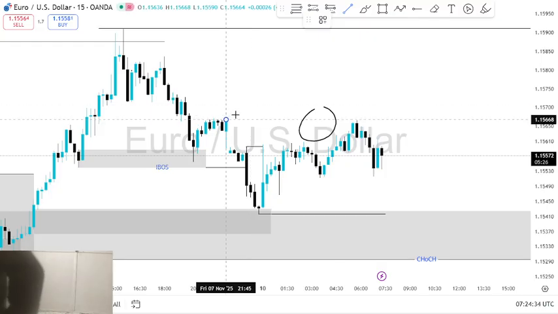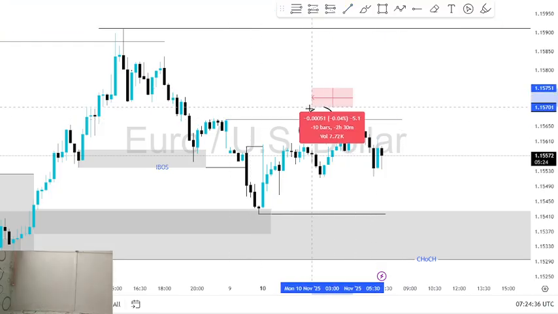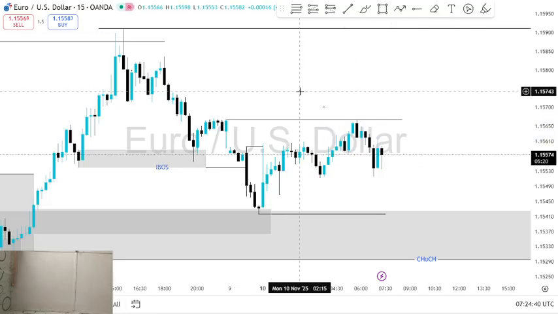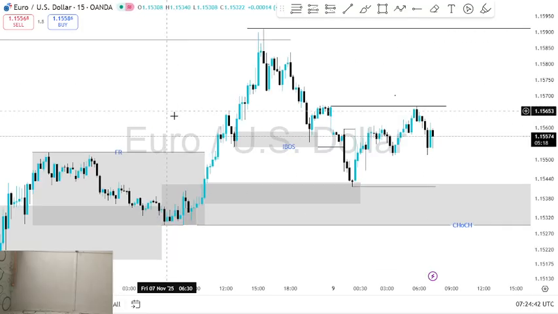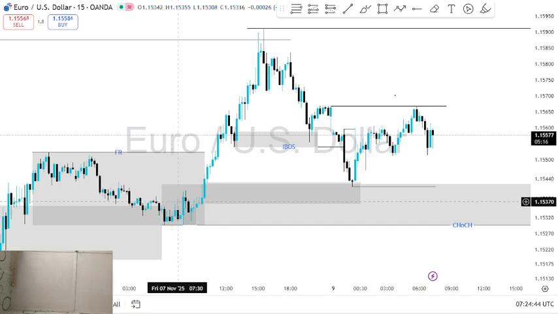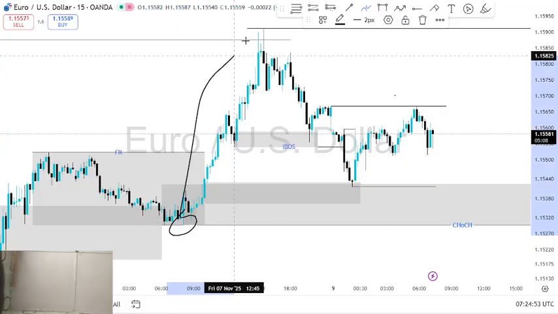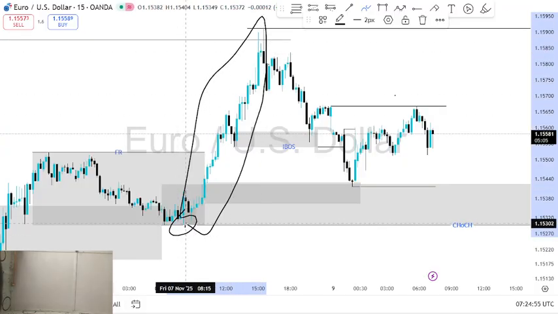So looking at what is happening, we have three types of structures. We have fractal, internal, swing. What we have here is our swing structure, which is this big move here.